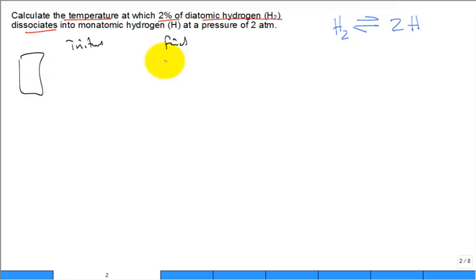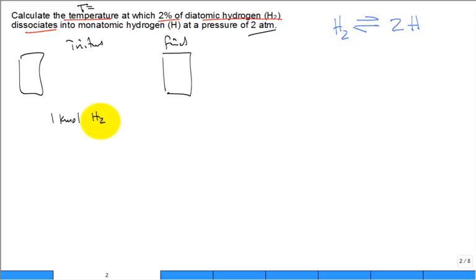But then, after it reaches a pressure of 2 atm, and after it reaches a temperature which I need to calculate, 2% of that initial amount of hydrogen will have dissociated. So think about this. Start with 1 kilomole of H2.